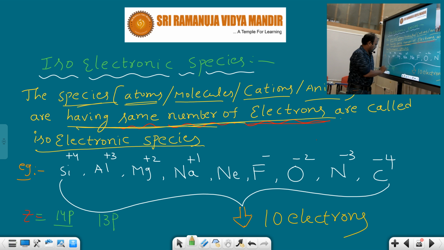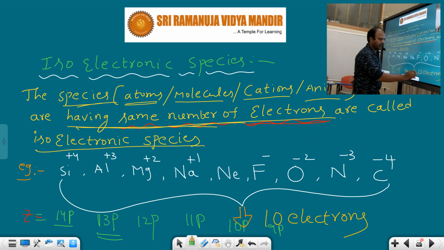Sodium atomic number 11, so 11 protons. Neon atomic number 10, so 10 protons. Fluorine atomic number 9, so 9 protons. Oxygen atomic number 8, so 8 protons. Nitrogen atomic number 7, so 7 protons. Carbon atomic number 6, so 6 protons.